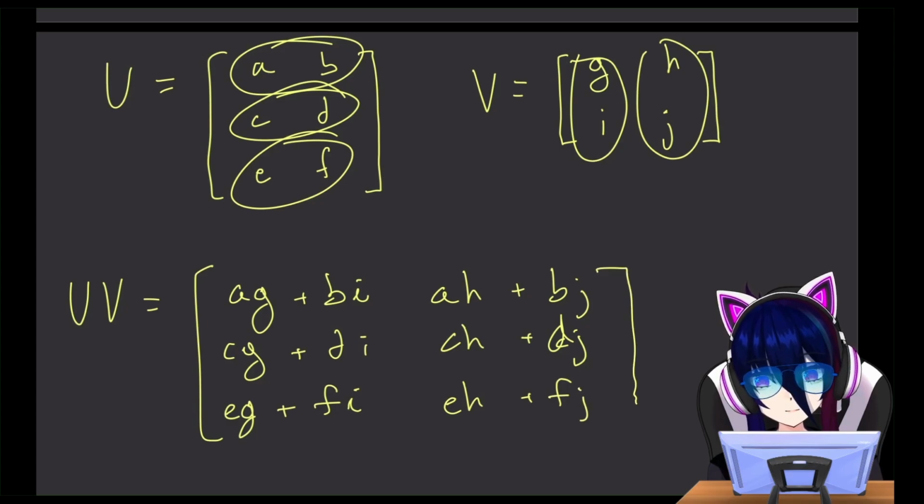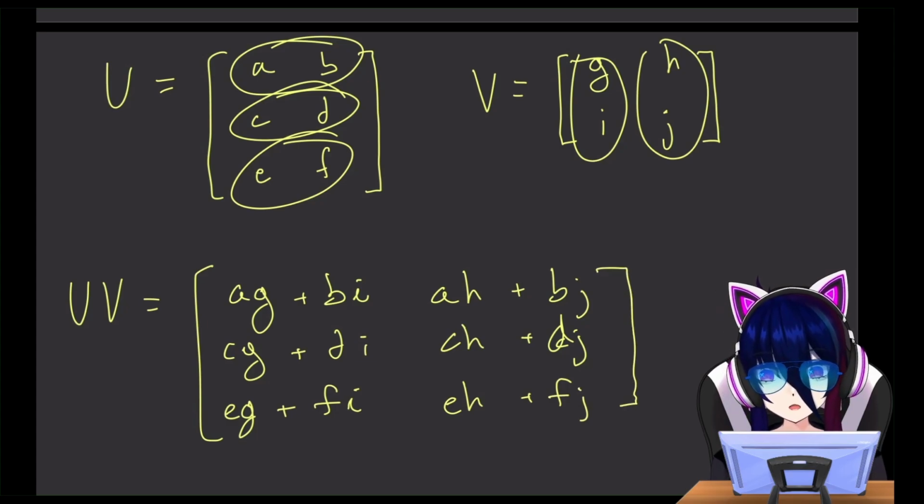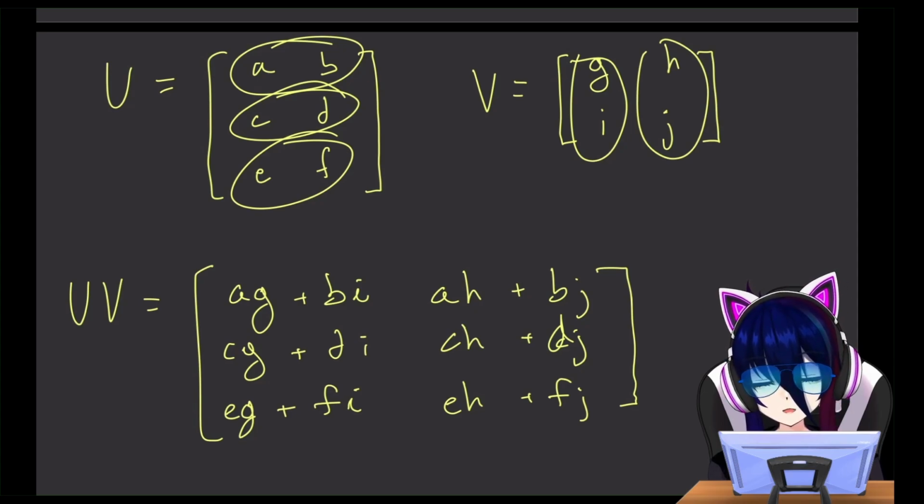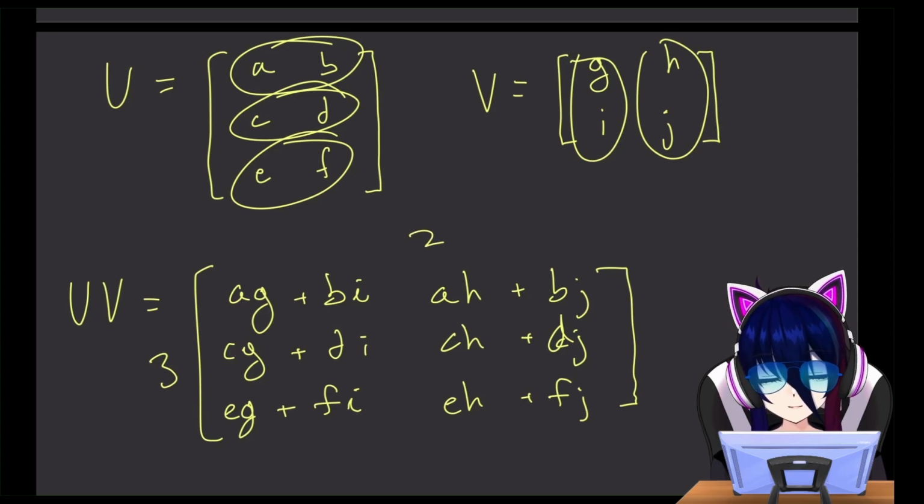Alright. And from there, it will give us a matrix of dimension 3 rows, 2 columns.